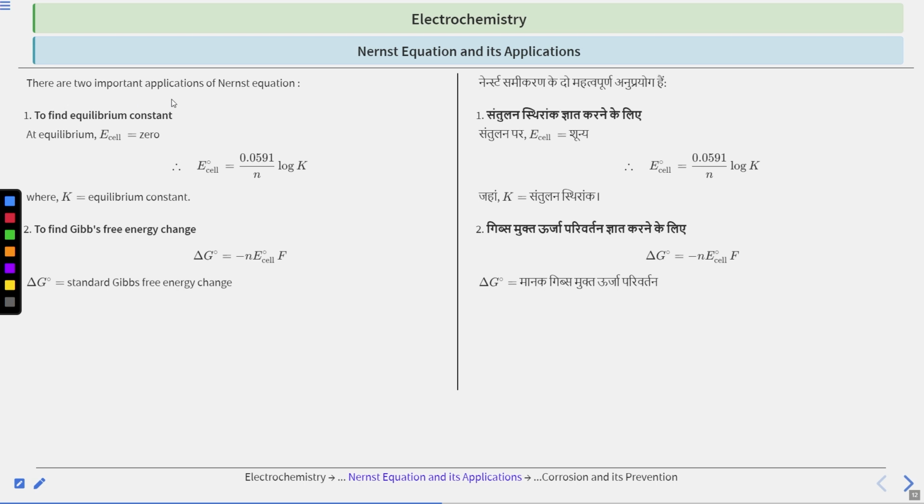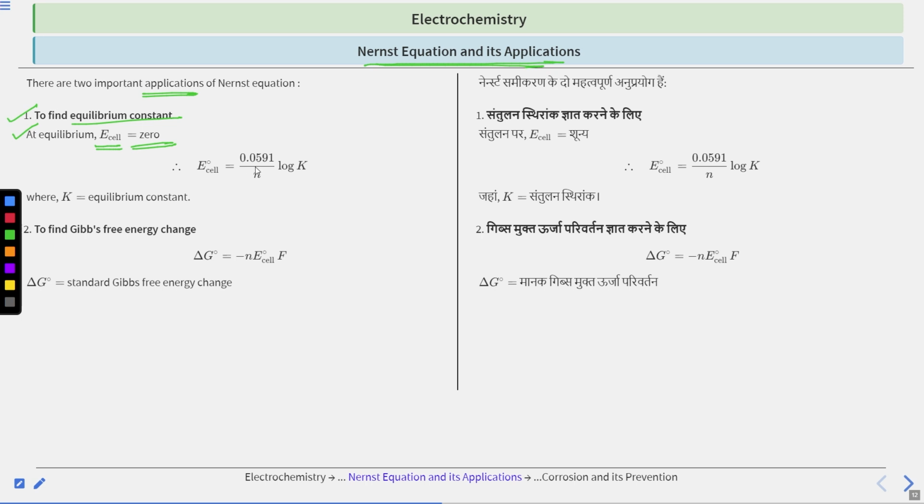Now there are two important applications of the Nernst equation. Okay, now we see the Nernst equation and its applications. So the first one is to find the equilibrium constant. If we want to find out the equilibrium constant of any reaction, we can use the Nernst equation. How? At equilibrium, E of cell becomes 0.